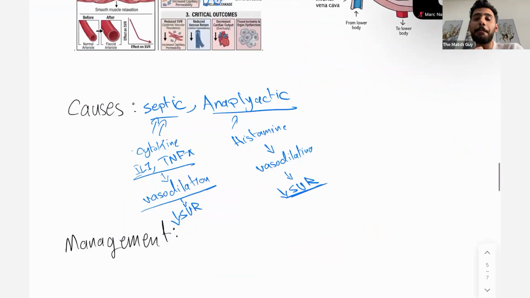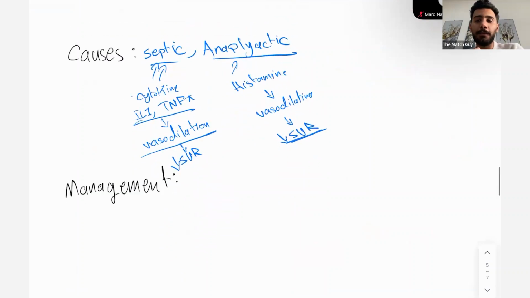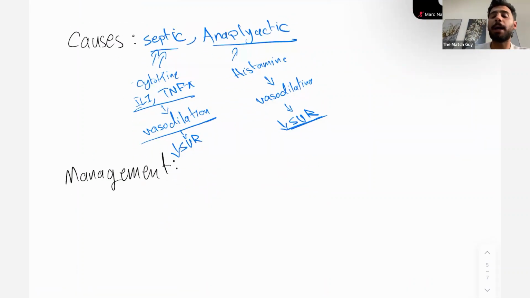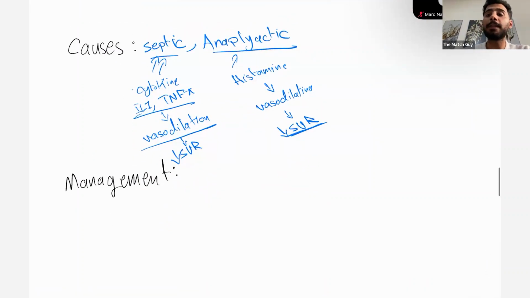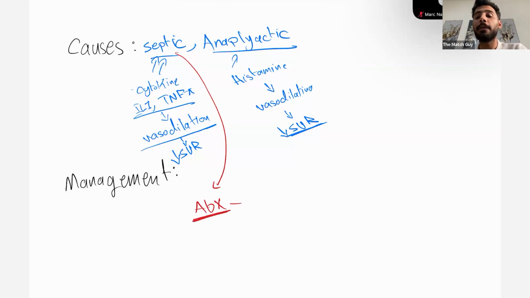Now, what is the management of distributive shock? The management is going to depend on whether it's septic or anaphylactic. If it's septic, you're going to start with antibiotics, okay? And then you are going to supplement with IV fluids, because these people are going to be intravascularly depleted.